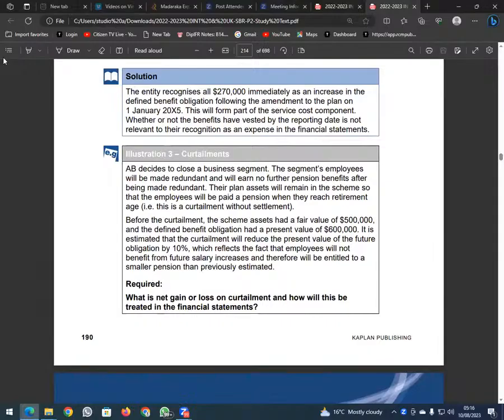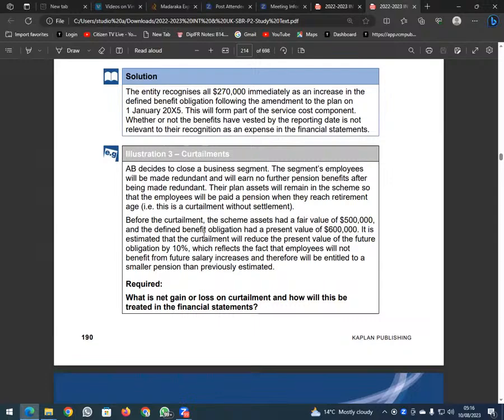AB Limited decides to close a business segment. The segment employees will be made redundant and will earn no further pension benefits after being made redundant. Their plan assets will remain in the scheme until these guys retire.